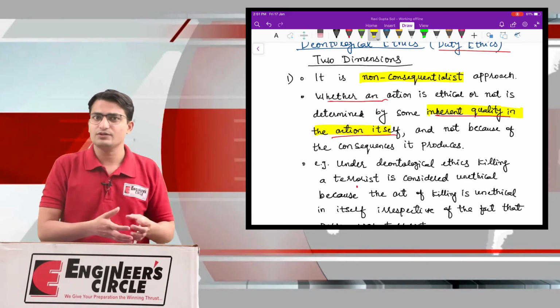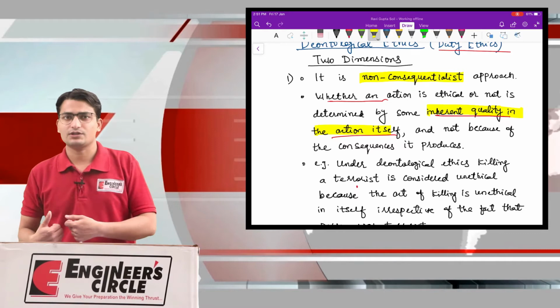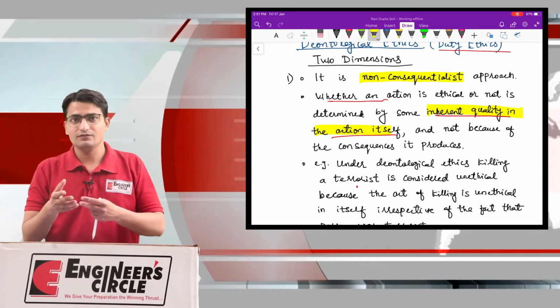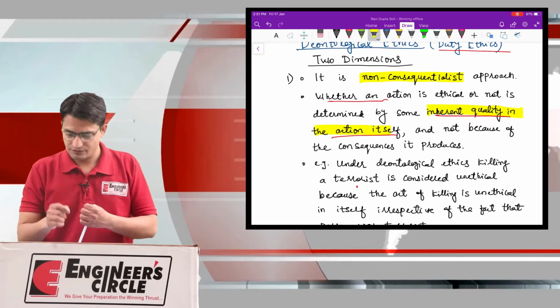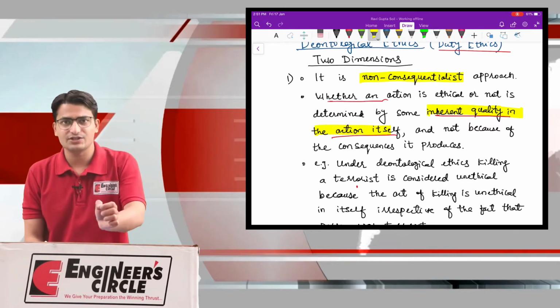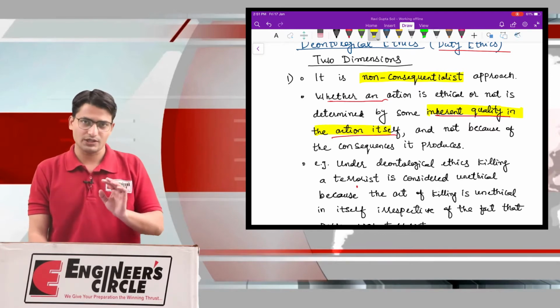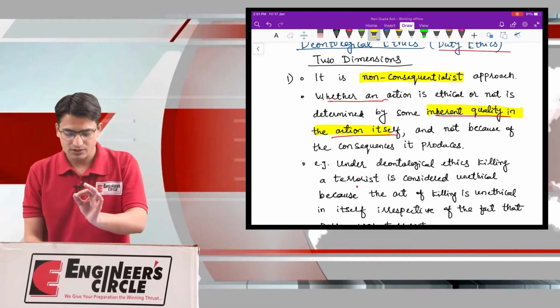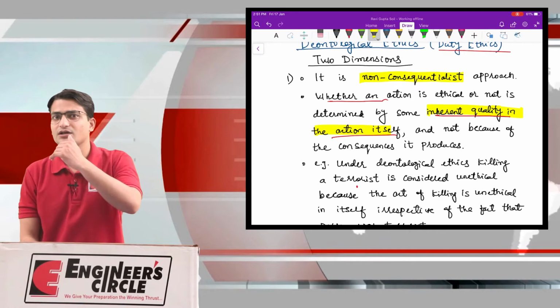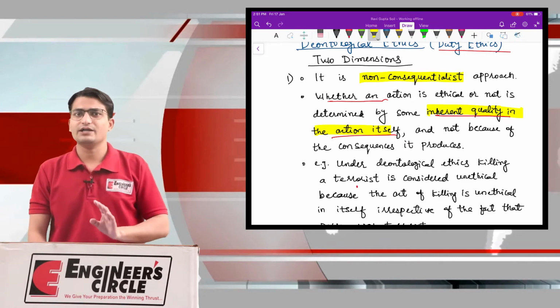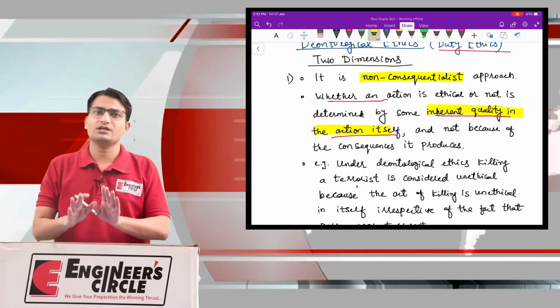I may be virtuous, I may not be virtuous, but even if I am not a virtuous person, my action could be ethical if the inherent quality of my action is good. This is what deontological ethics says, and further it is not concerned with the final result of my action. The action itself must be ethical.